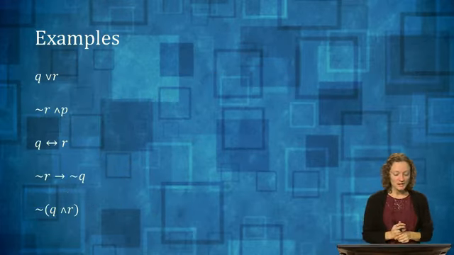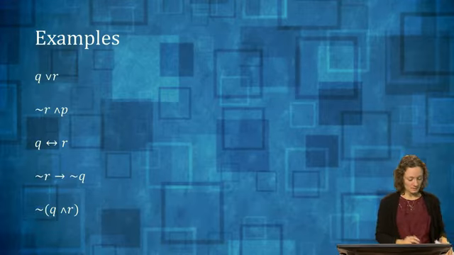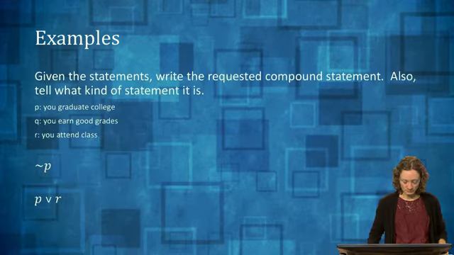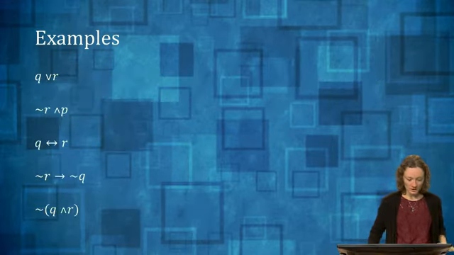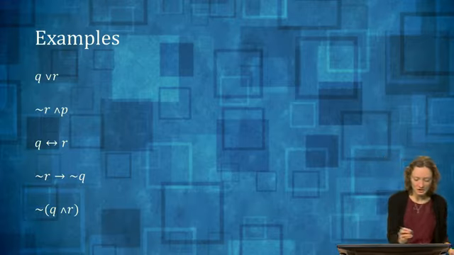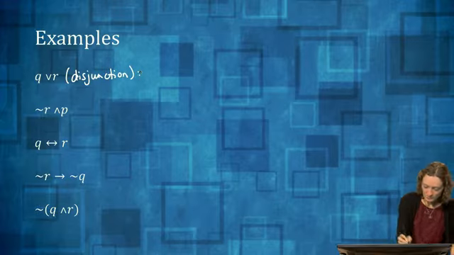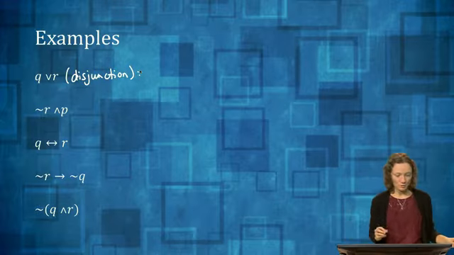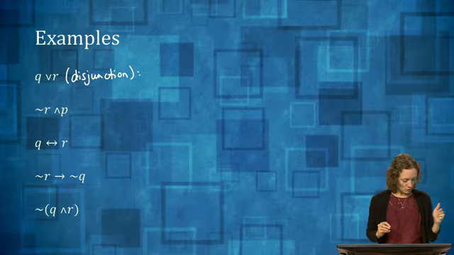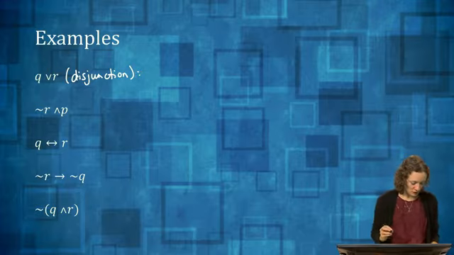Okay, so the next one we have is Q, the up symbol, R. Uh-oh, did I do the last one wrong? Up again? No. Okay, good. So again we have a disjunction, since we have the up symbol, which means the two ideas are connected with the word or. So Q or R. Idea Q is you earn good grades, idea R, you attend class.